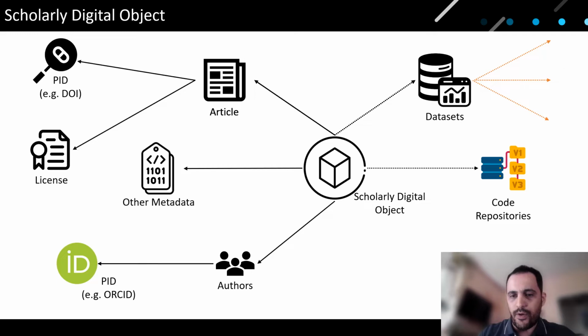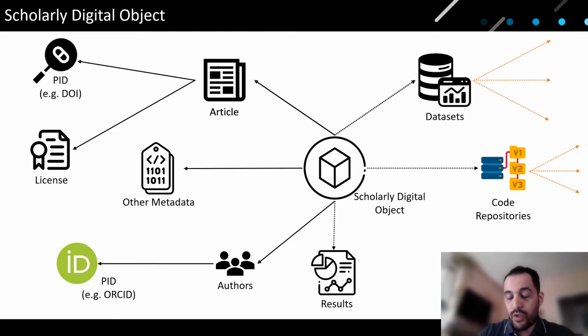And these software and codes are stored in repositories which have license to be reused and links to be accessible. Links, I mean here PIDs. And we have also results which are included in the article but are not explicitly provided or independently provided with the article.